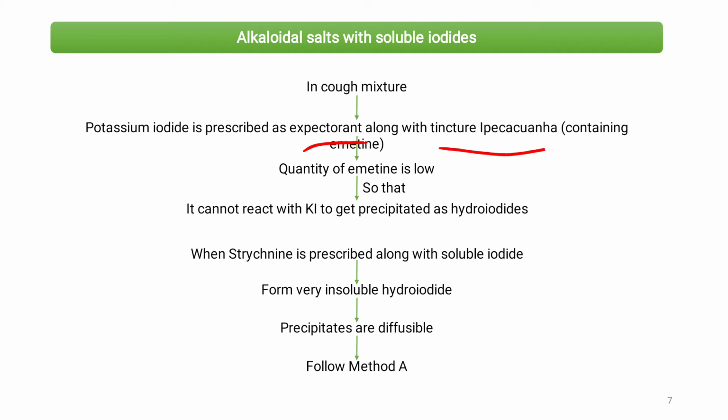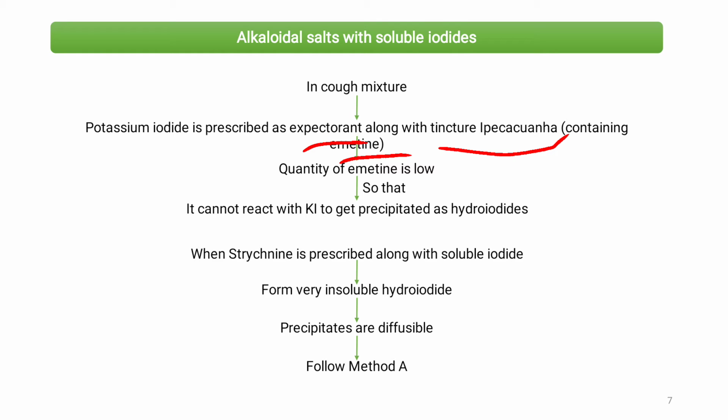This tincture of ipecac contains an alkaloid called emetine, which induces vomiting and is also used for amoebic infections. In the case of ipecac, the quantity of emetine is very low.